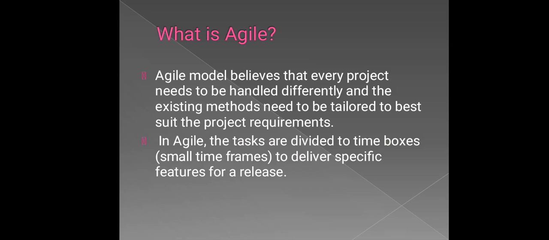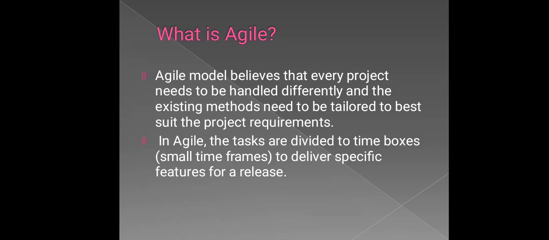First of all, I am going to define what is Agile. What does Agile actually mean? The Agile model believes that every project needs to be handled differently and the existing methods need to be tailored to best suit the project requirement.